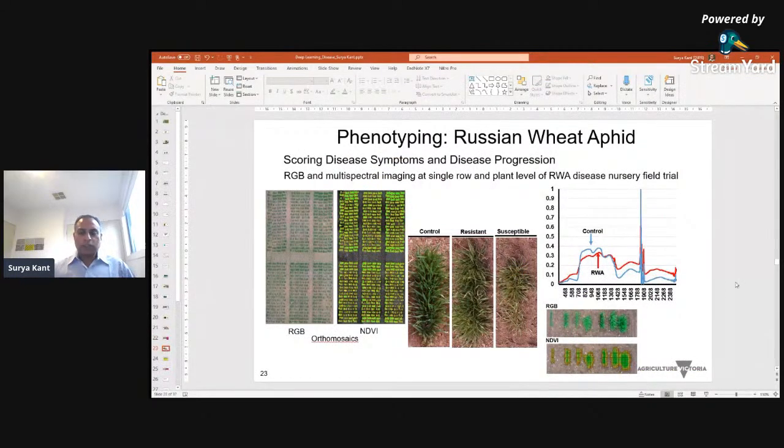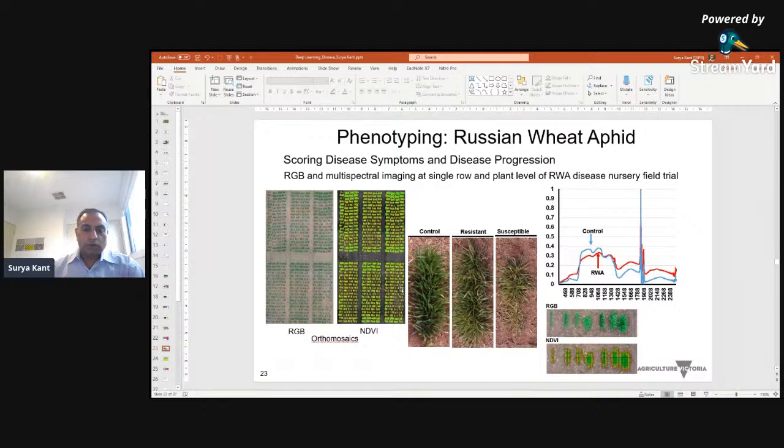This is another example in the disease space, Russian wheat aphid. A couple of years ago in Australia, it came from overseas, and since then it has kept growing. The Grain Research and Development Corporation, which is a main funding agency in Australia, has put rigorous emphasis on controlling this, as well as on developing Russian wheat aphid resistant genotypes.